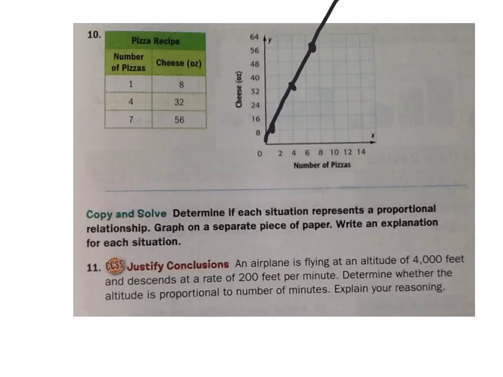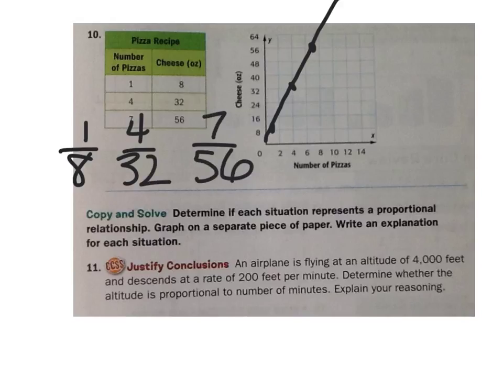Now, the other way to look at this is to think of one pizza for 8 ounces and set up your ratio, 1/8. 4 pizzas would be 32, and 7 would be 56. Now I can look at simplifying these to see, are they the same? So 1/8 can't simplify.